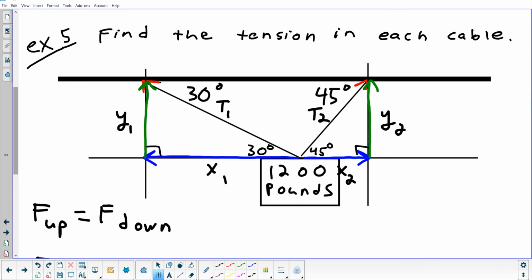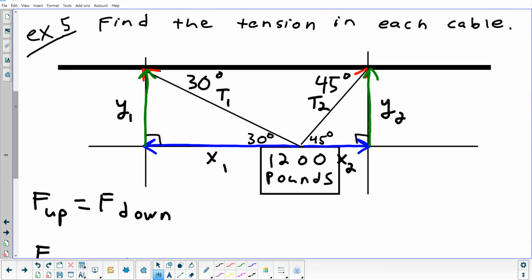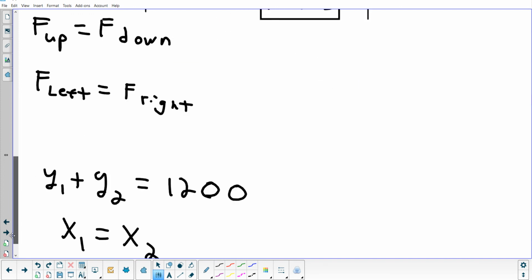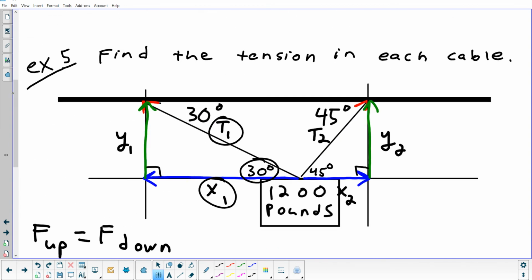Okay. Now, let's come up with a formula for x1. So I want to use x1, 30 degrees, and the tension in cable 1. The idea now is you have to get rid of all these x's and y's. All you can have in your final equations are T1s and T2s. No x's, no y's.